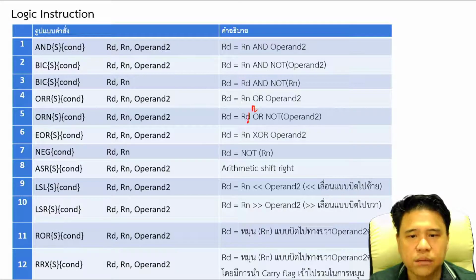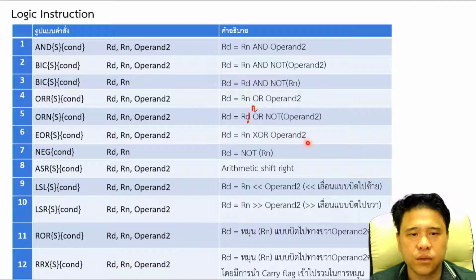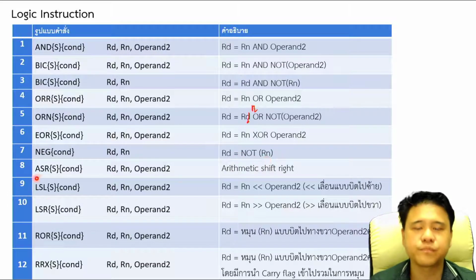Then we have EOR. For the EOR, it is exclusive OR: RD will equal Rn exclusive OR with operand 2. The next one is NEG. For the NEG, RD equal to NOT Rn.